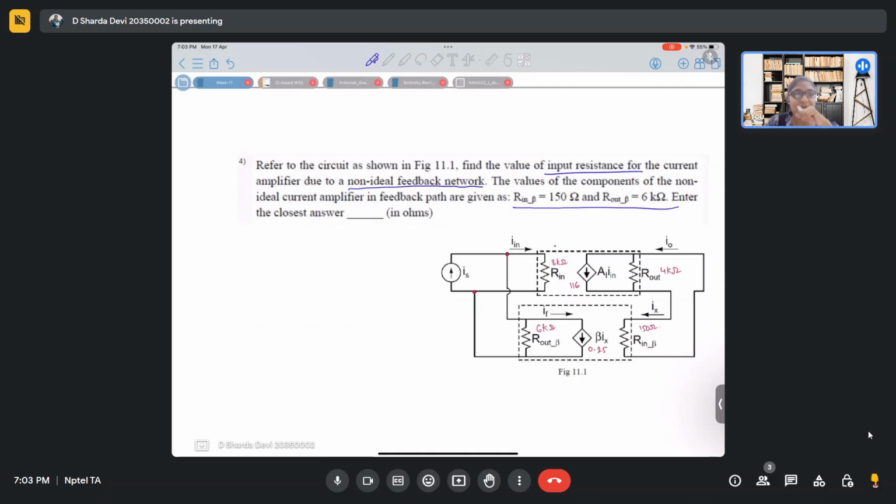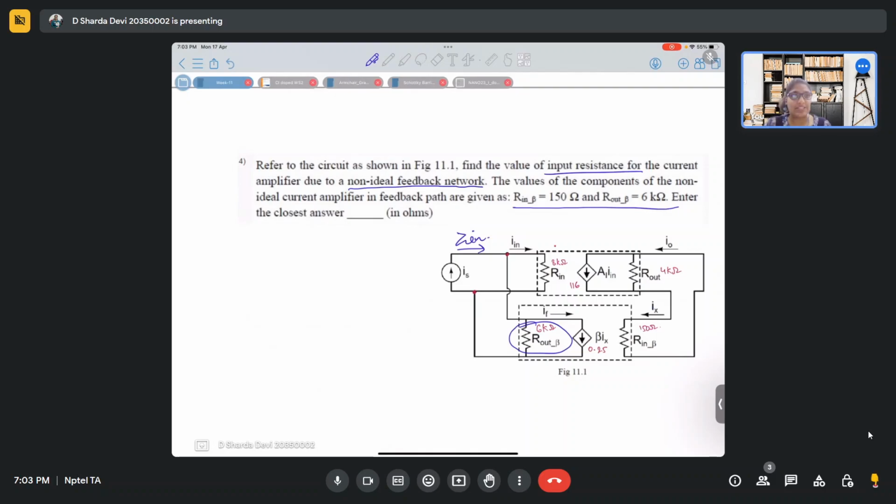But now we have to consider the effect of R out and R in beta. So definitely R out beta will come into the picture when we are calculating Zn from here. The question is how our new Rn will change with the introduction of this R out beta.